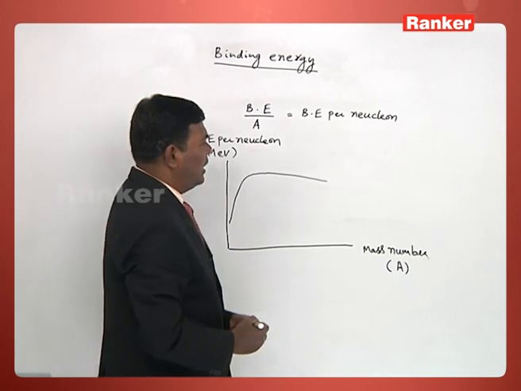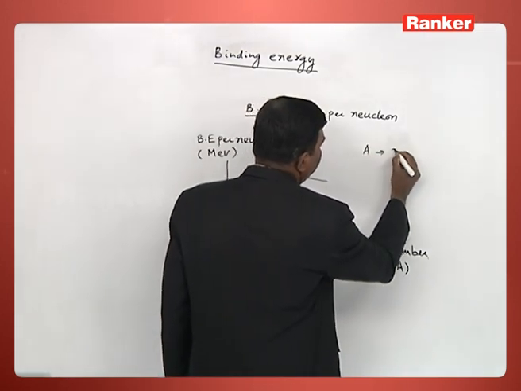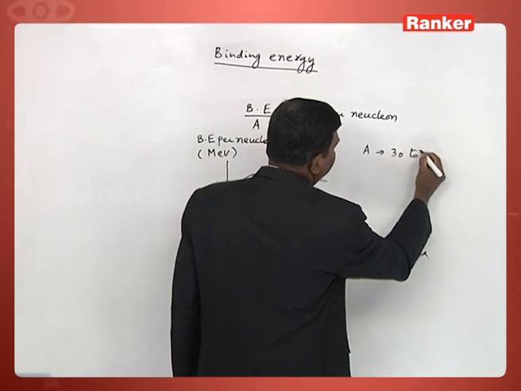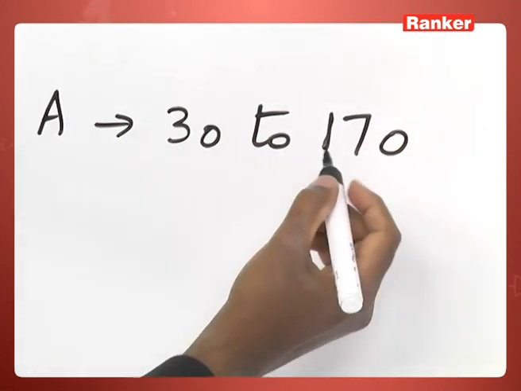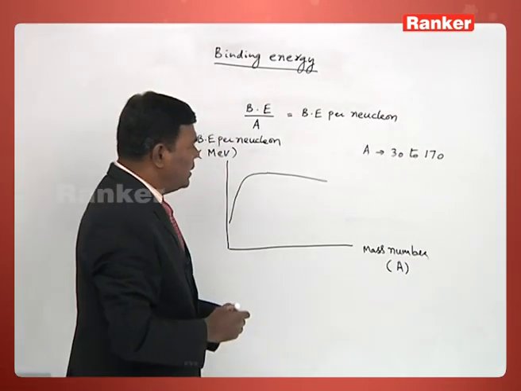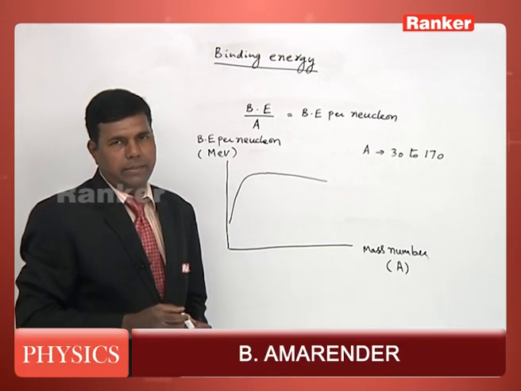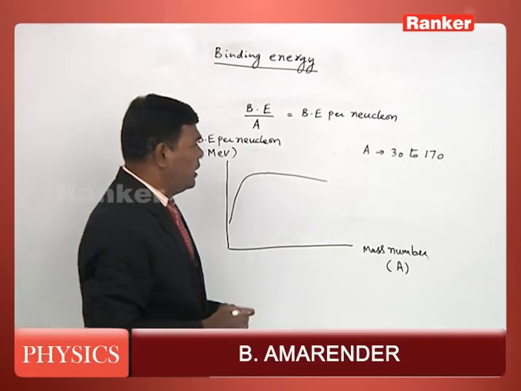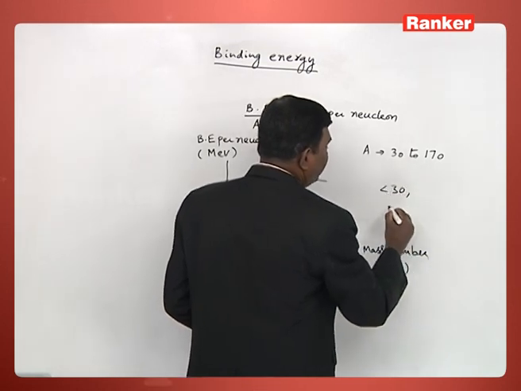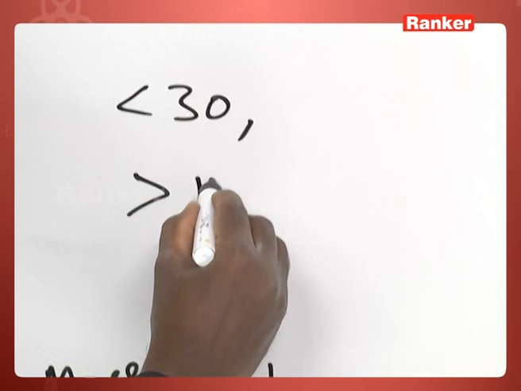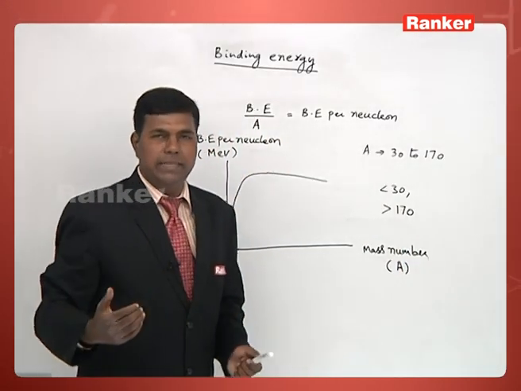Generally it is observed that for nuclei with mass numbers 30 to 170, the binding energy per nucleon remains fairly constant. And if the mass number is less than 30 or greater than 170, then the binding energy per nucleon gradually decreases.